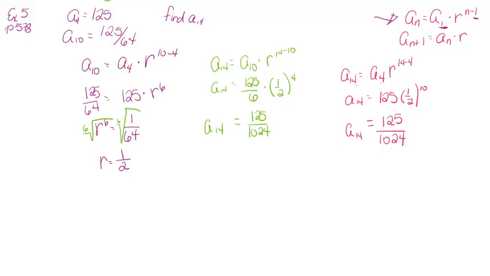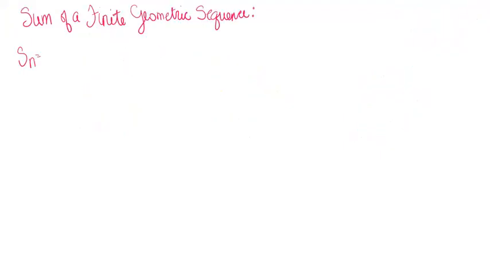Okay, so the next thing that we're going to learn is the formula for the sum of a finite geometric sequence. S sub n equals, now we're going to go back to our summation notation or our sigma notation here.